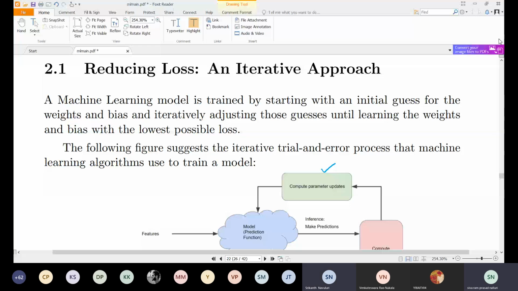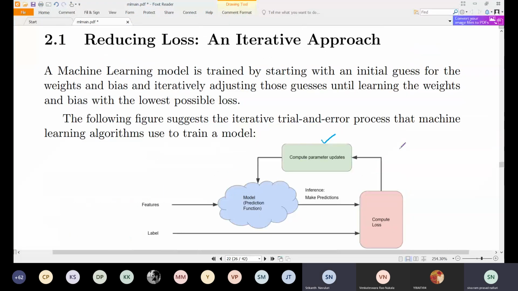You all know what is meant by loss. So if you take a simple linear regression, the predicted value y cap is equal to w naught plus w1 into x1.